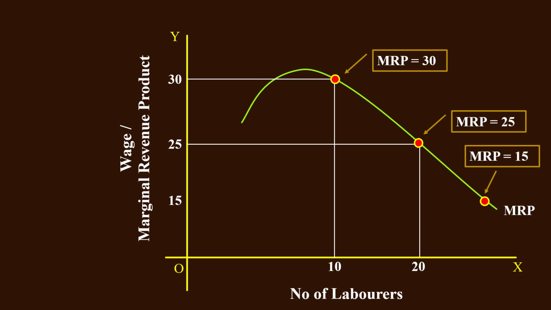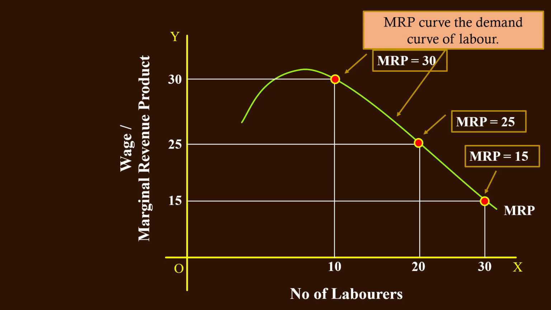If the wage further falls to 15 rupees, he employs 30 laborers. In this way, the marginal revenue product curve brings out the relation between wage and number of laborers. Since it brings out this relation, it is the demand curve of labor.